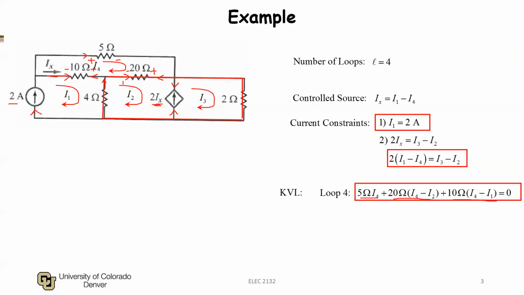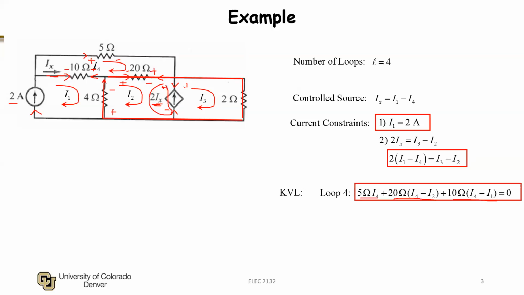So what I see here is if I look at loop 2, if I had KVL around this loop, then it's going to sum to 0. So it'll be the drop across a 20 ohm resistor plus a drop around the current source plus a drop around the 4 ohm resistor would sum to 0. But by doing the super loop, what I see is that I can't express this voltage here directly.